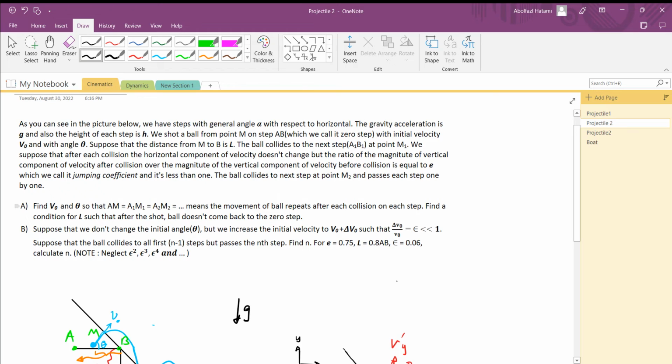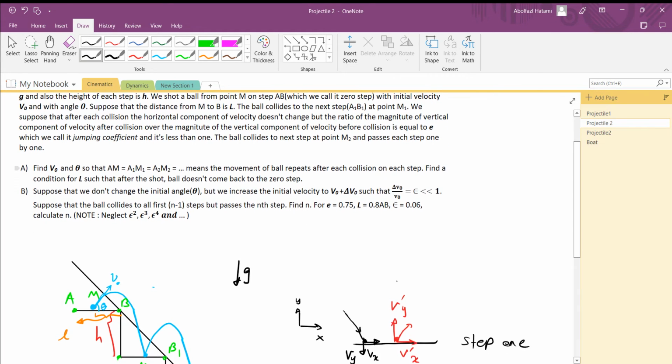What the question wants from us is that we should find v0, the initial velocity, and theta, the initial angle that we shot the ball, so that AM is equal to a1 m1, and it is equal to a2 m2, and so on, for example equal to an mn.